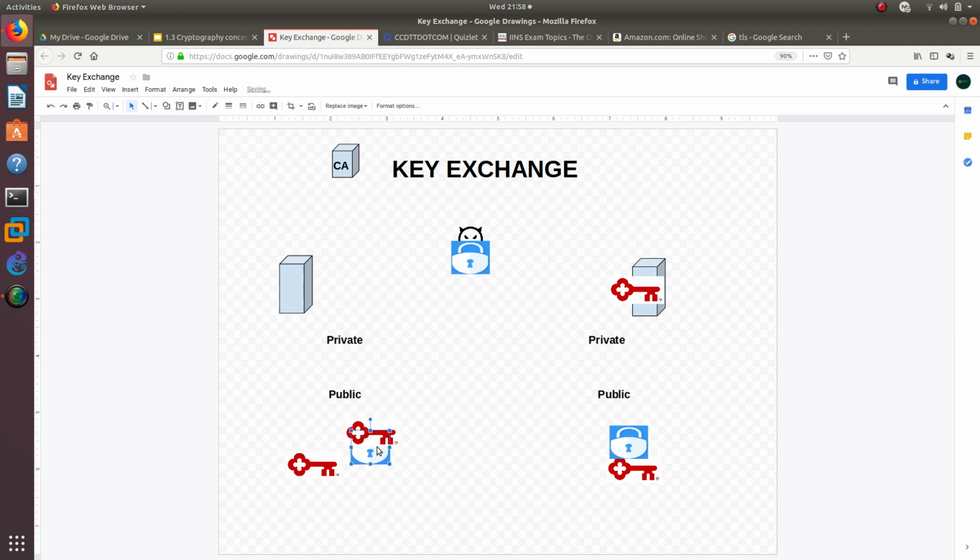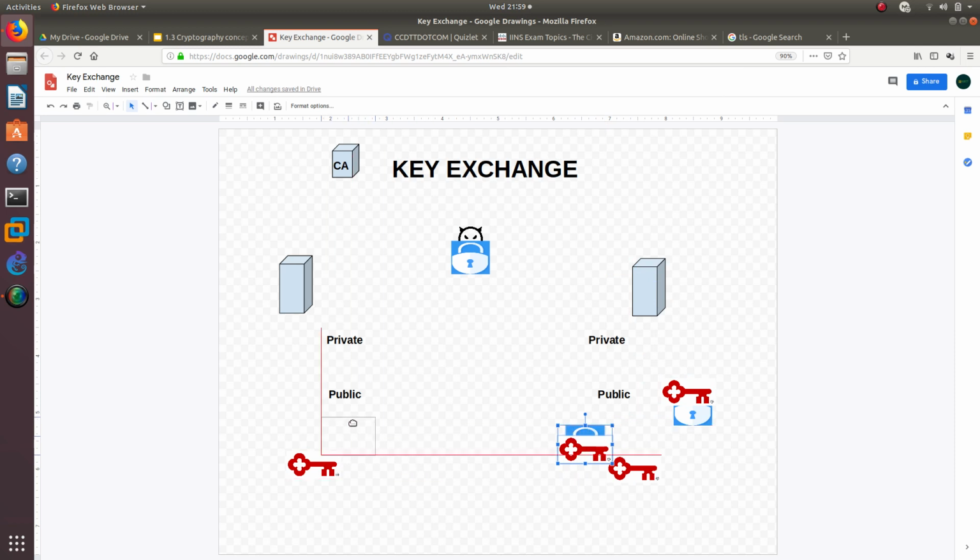So we encrypt that with this network public key, or this server public key right here, and we send our shared public key, or symmetric public key, to this server, and then the server is going to encrypt it with our public key and send it over to us, and then we're going to be able to decrypt it with our asymmetric public key.